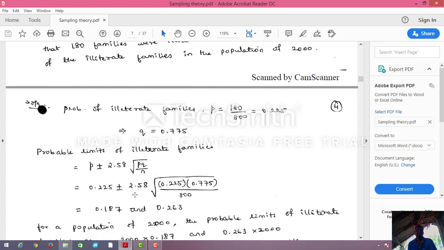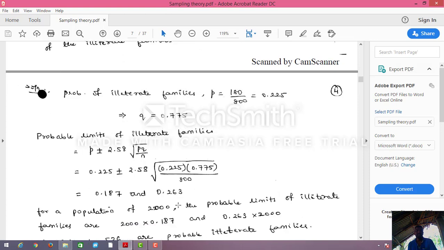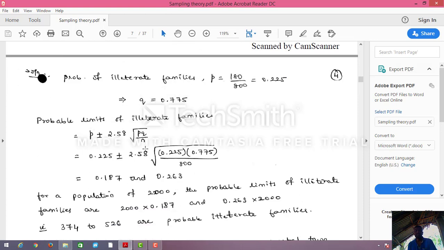So 0.225 plus or minus 2.58 root of 0.225 into Q value 0.775 divided by 800. If we simplify this, one time we are adding with this and one time we are subtracting with this.